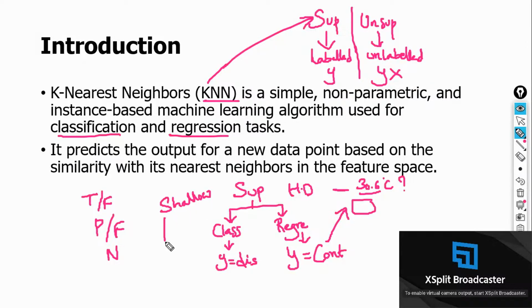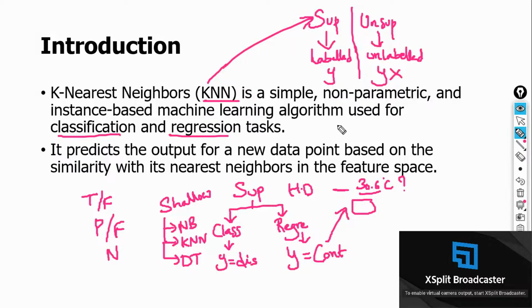Under shallow techniques, we have naive Bayes, we have KNN, we have decision tree. These three are used for both classification and regression. That means they are capable of working on discrete values as well as continuous data. Now it's clear. KNN is used for performing both tasks, either classification or regression.